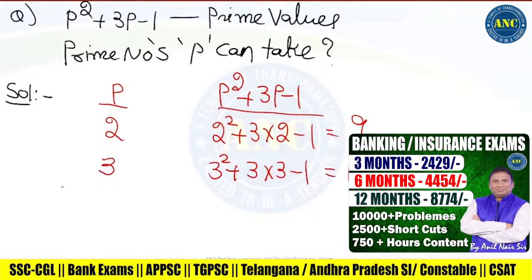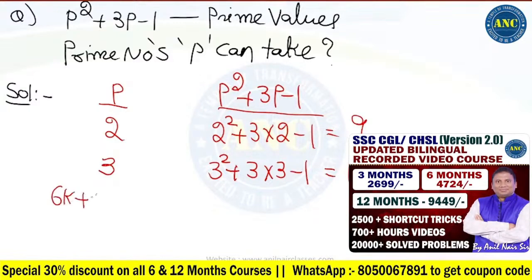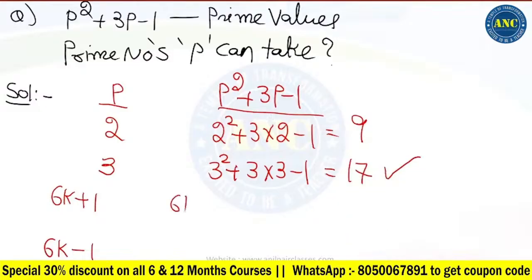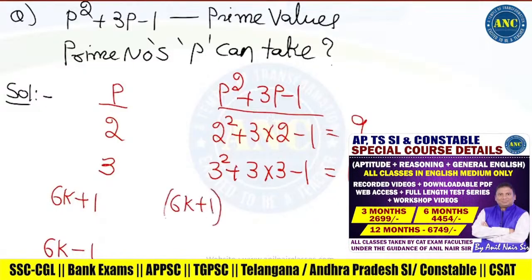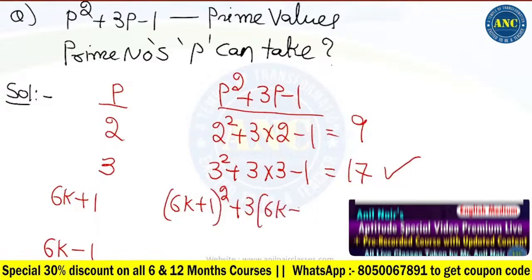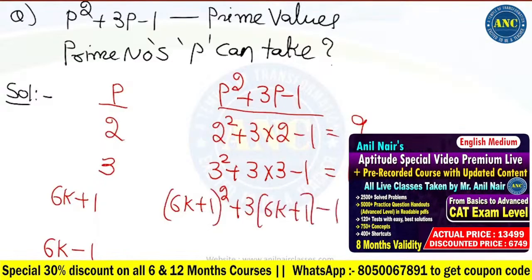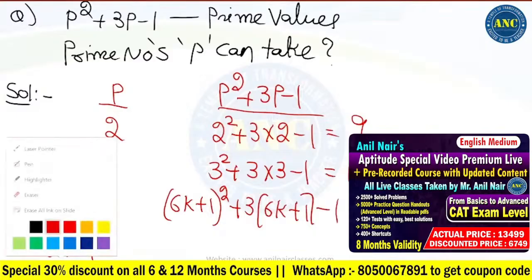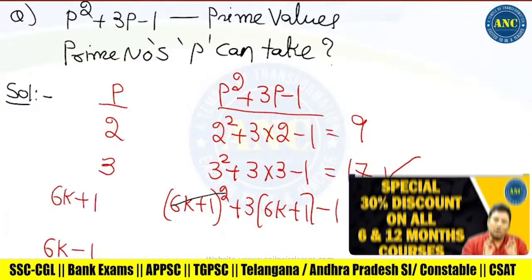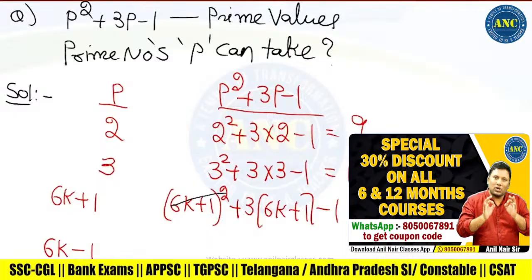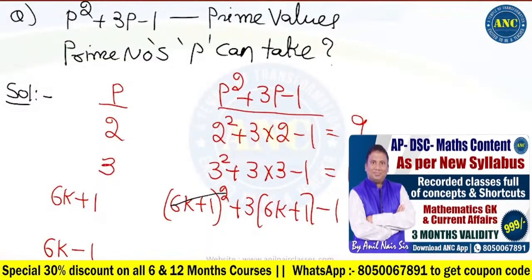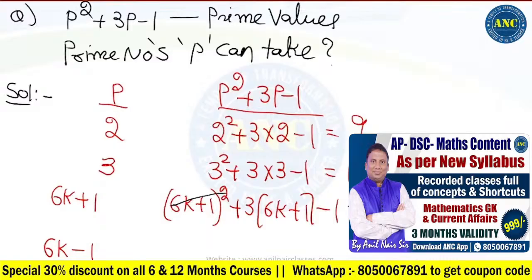Any prime number greater than 3 is 6k plus 1 or 6k minus 1. If I substitute, these are nothing but 6k plus 1 whole square plus 3 into 6k plus 1 minus 1. 6k whole square, 36k square, divisible by 3. 2 into 6k, 12k, divisible by 3. 3 into 6k, 18k, divisible by 3. 3 divisible by 3. 1 minus 1, 0.